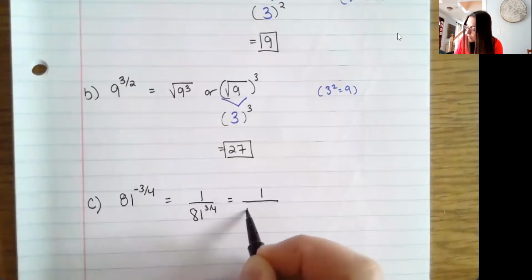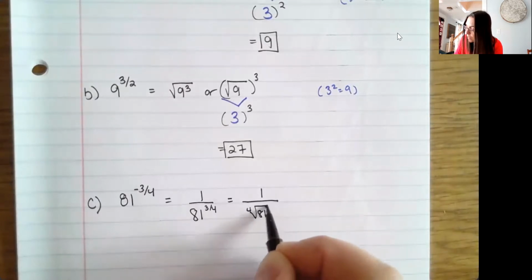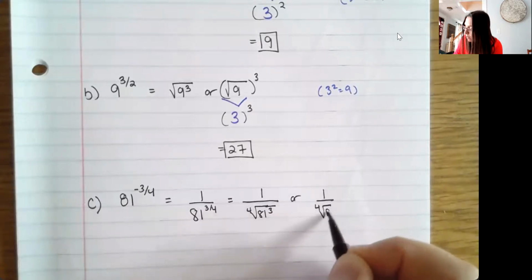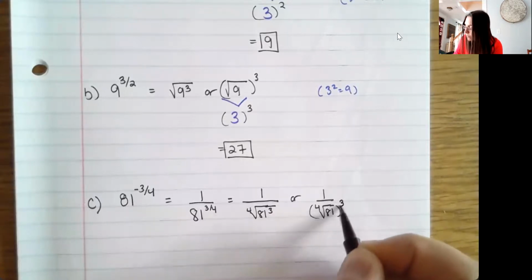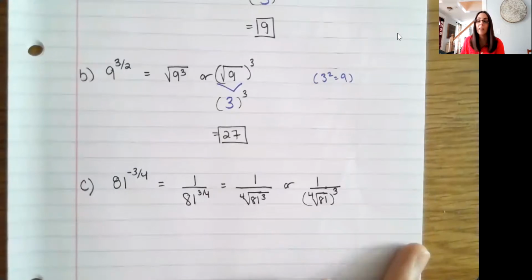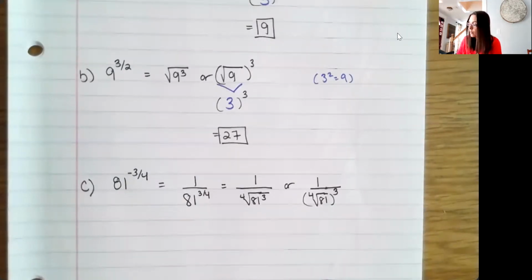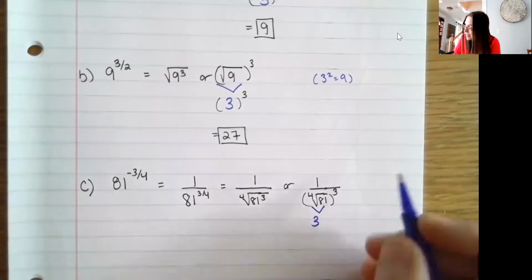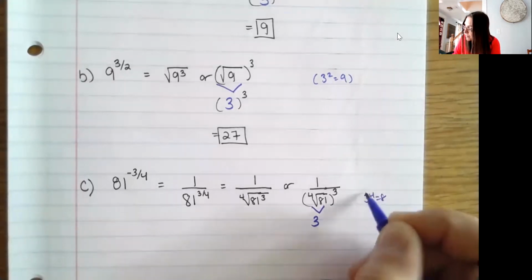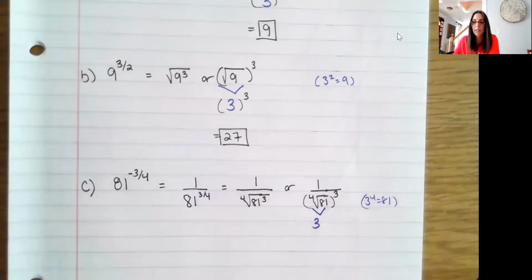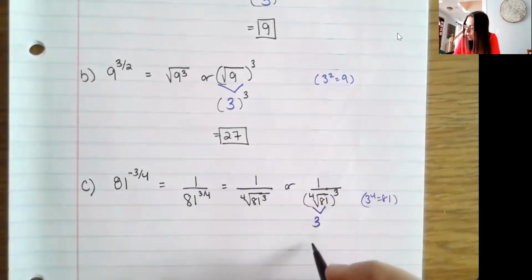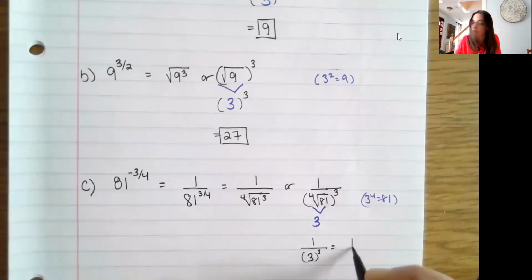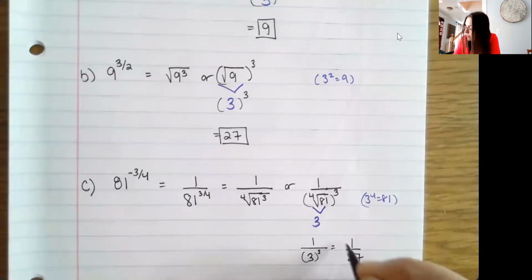So this is the 4th root of 81 to the 3rd power, or the 4th root of 81 to the 3rd power. Now, again, we can actually simplify this. The fourth root of 81 happens to again be 3. 3 is a popular number right now because 3 to the fourth is 81. So I'm going to use this version instead, and I get 1 over 3 cubed, which is 1 over 27.